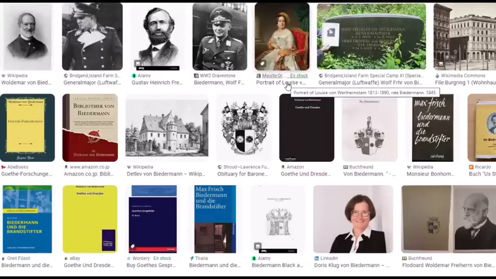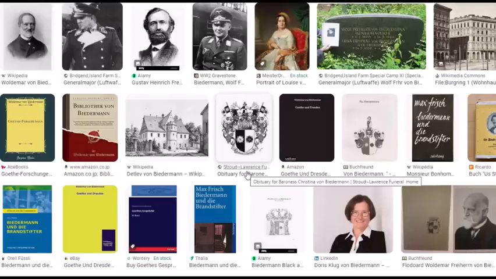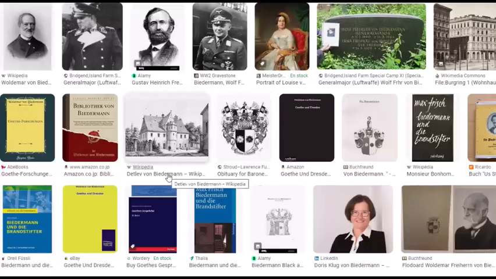And here, Louise, she was born Biedermann. There was a guy from the Luftwaffe, a General Major, Freiherr von Biedermann. Here you got a lot of coats of arms von Biedermann. Here's a Baroness, the Baroness von Biedermann. Here you got a sort of castle. And you can find it on Wikipedia, and it's a lot.